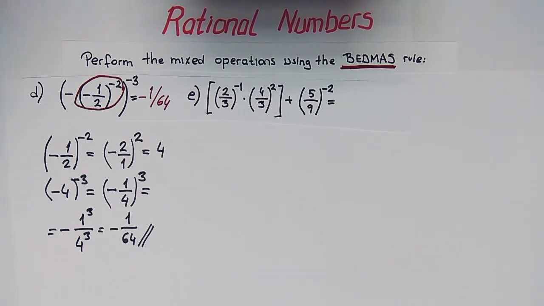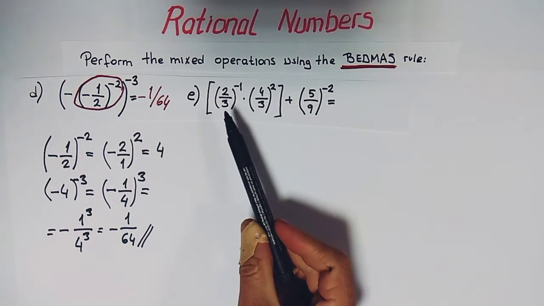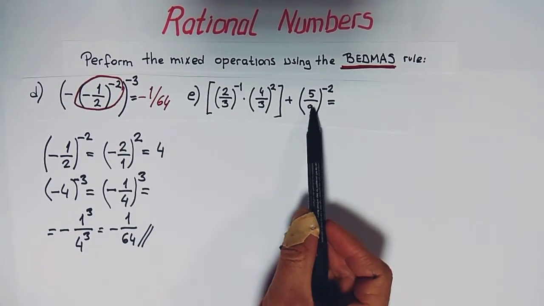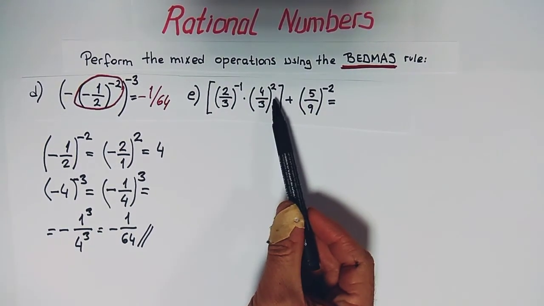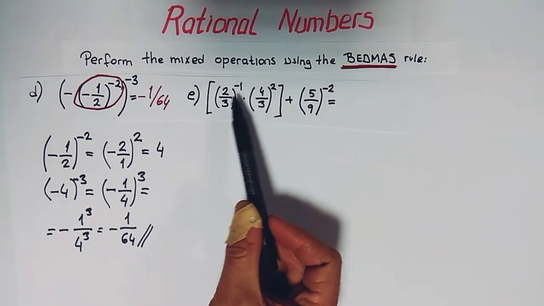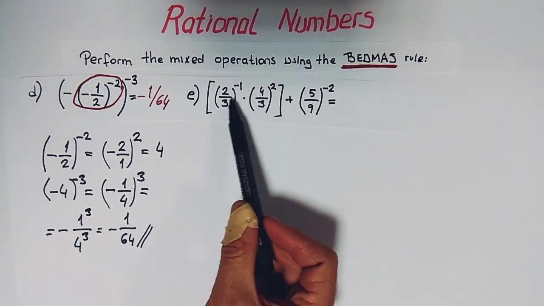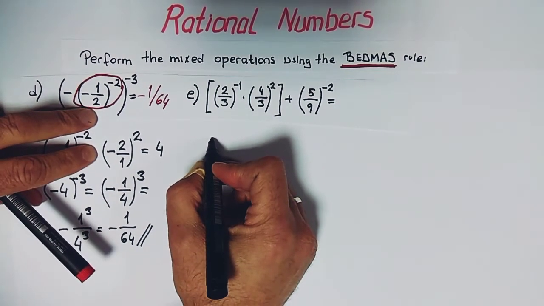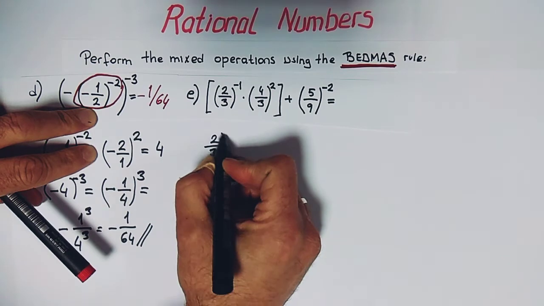What about E? So we have 2 over 3, 4 over 3, 5 over 9 with negative and positive powers. Okay. So let's work with these brackets one by one. 4 over 3, negative 1 power. What does it mean? 2 over 3.